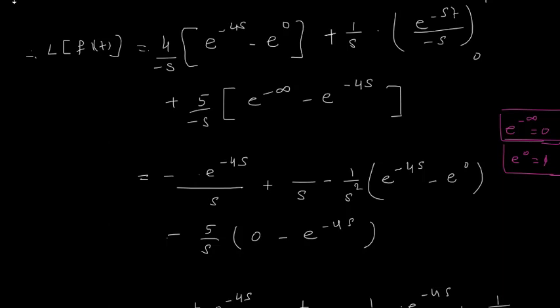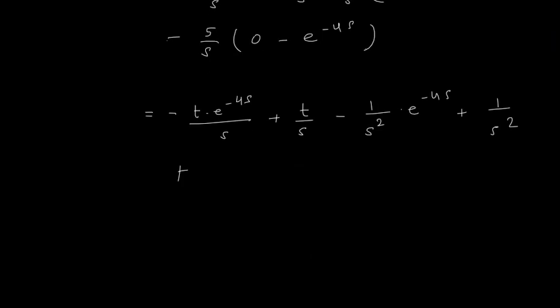So this is 4, this is 4. Okay, so here it is 4, here it is 4 upon s. And now here it is minus minus plus, so it is 5 upon s into e power minus 4s.